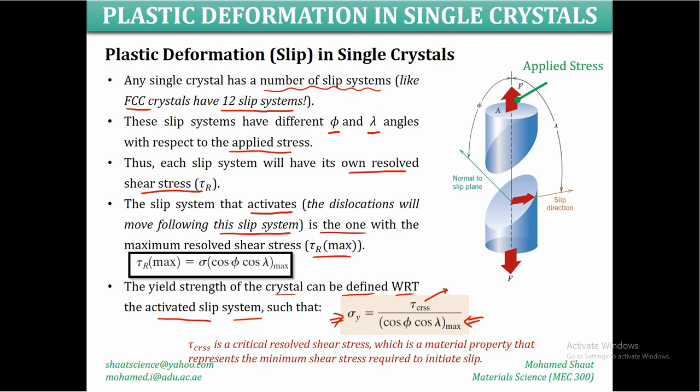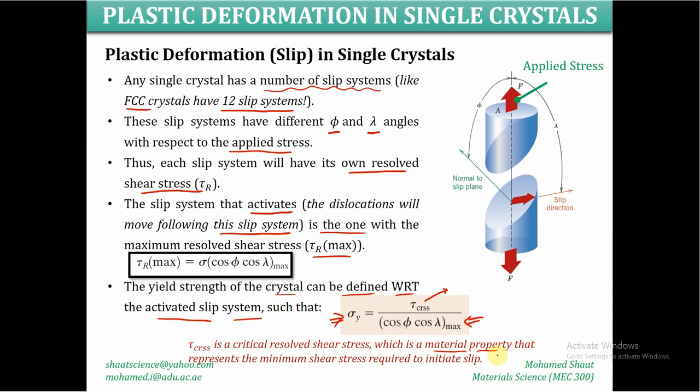You're going to choose the slip system that gives you the maximum resolved shear stress and plug it here in the denominator. The critical resolved shear stress value should be a material property.